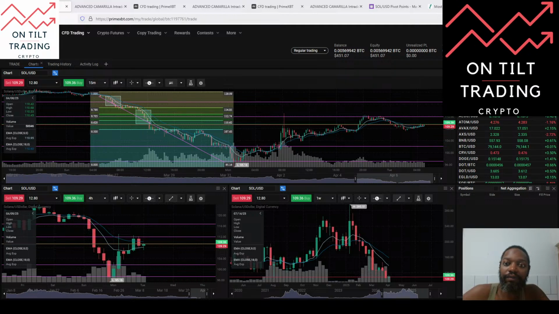I tend to look for trades in the fours for breakouts here, where this would be trades inside this range here.